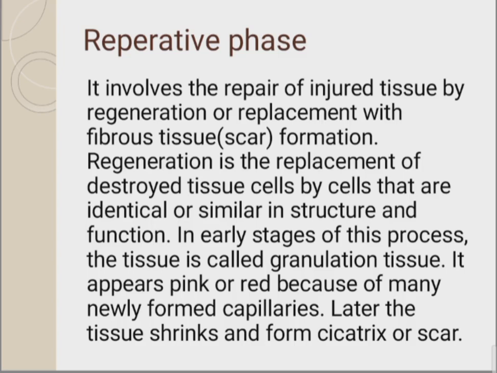Regeneration is the replacement of destroyed tissue cells by cells that are identical or similar in structure and function. In early stages of this process, the tissue is called granulation tissue. It appears pink or red because of many newly formed capillaries.